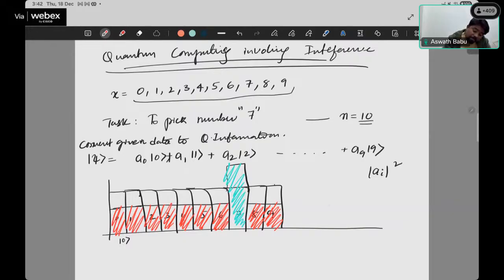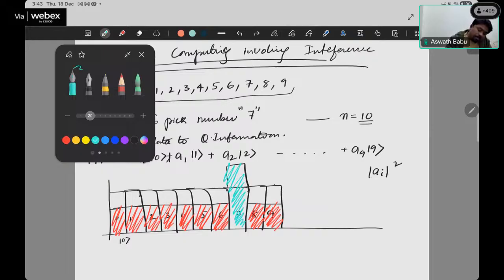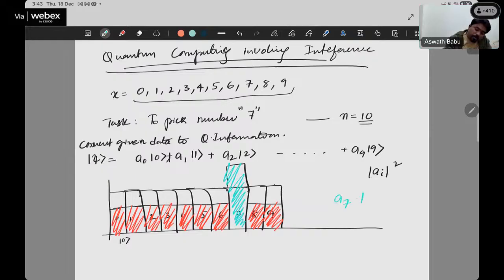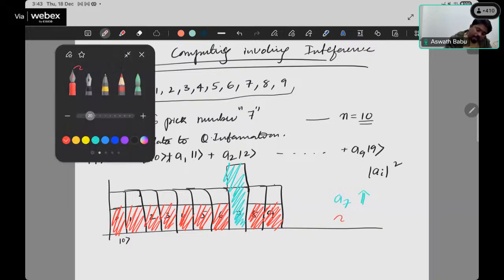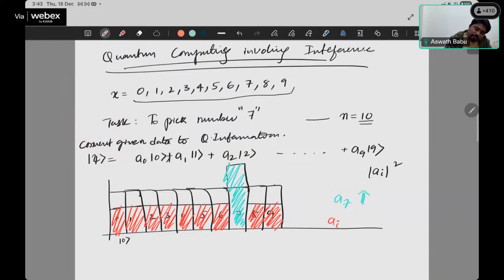A7 has to be increased, but except a7, all of them must be decreased. That is the requirement for us.